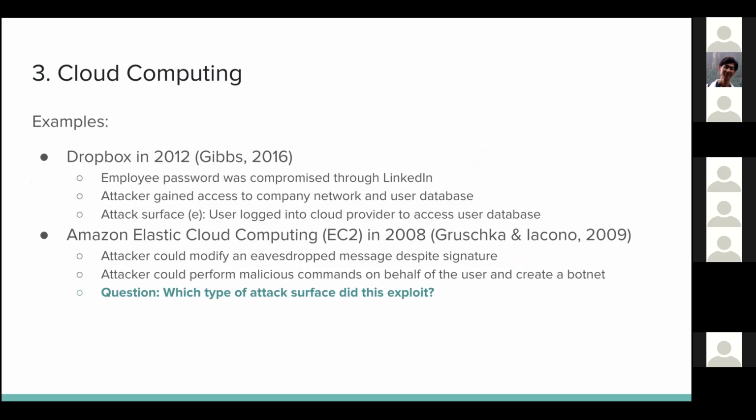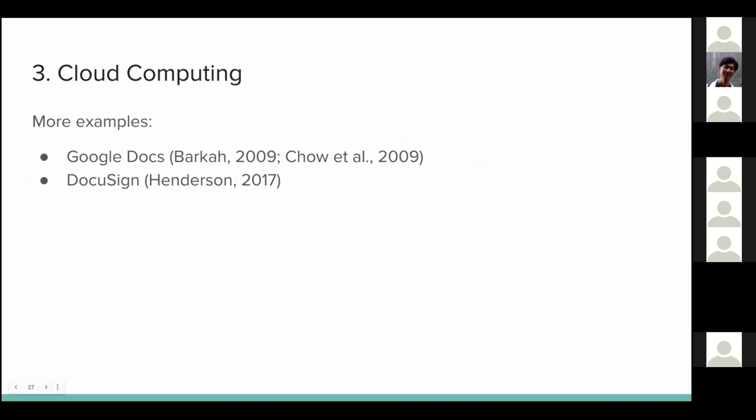Okay. There are two other examples. The first one, for Google Docs, the issue was that there was no protection for embedded images. There were a few different vulnerabilities.